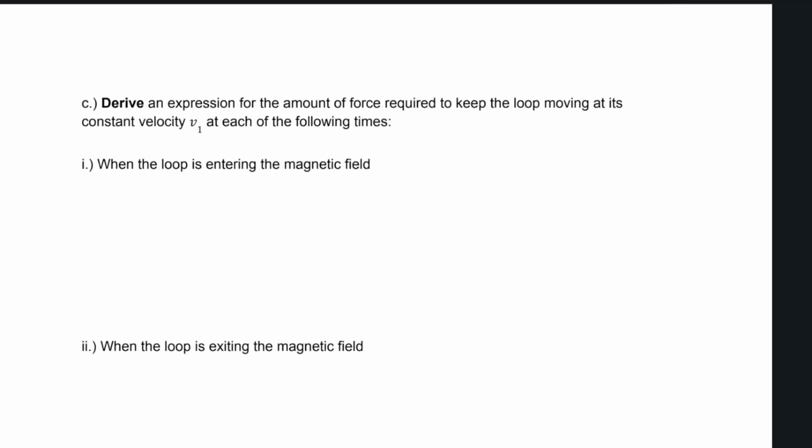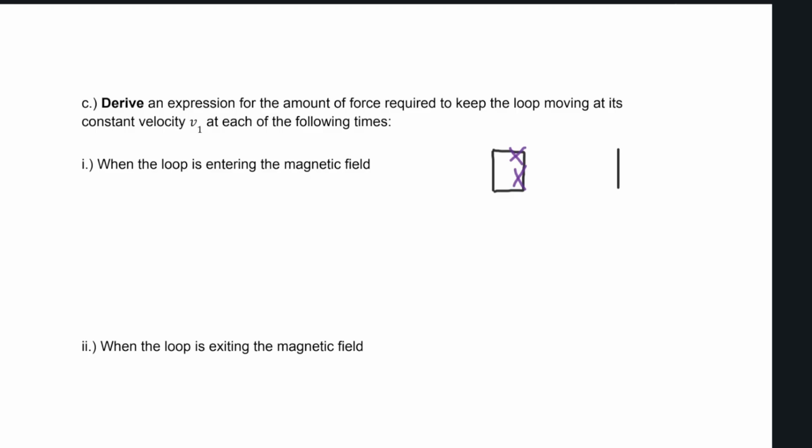Now we'll look at the force required to keep the loop moving at constant speed. So first, when the loop is entering the magnetic field. So the reason we need this external force in the first place is because if we're entering this region of magnetic field, the loop is going to get pushed out.